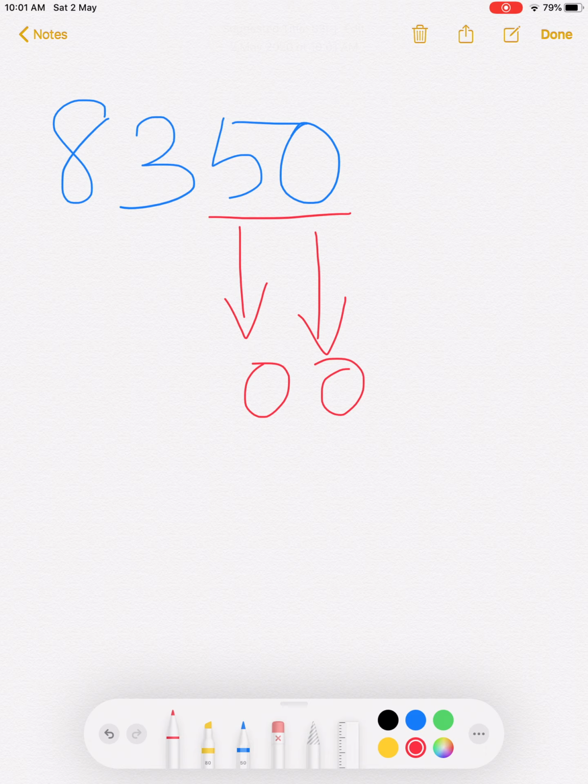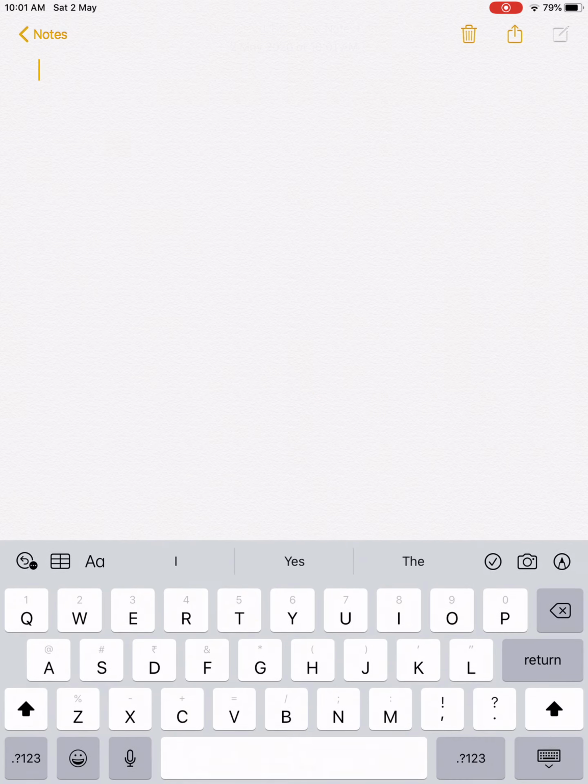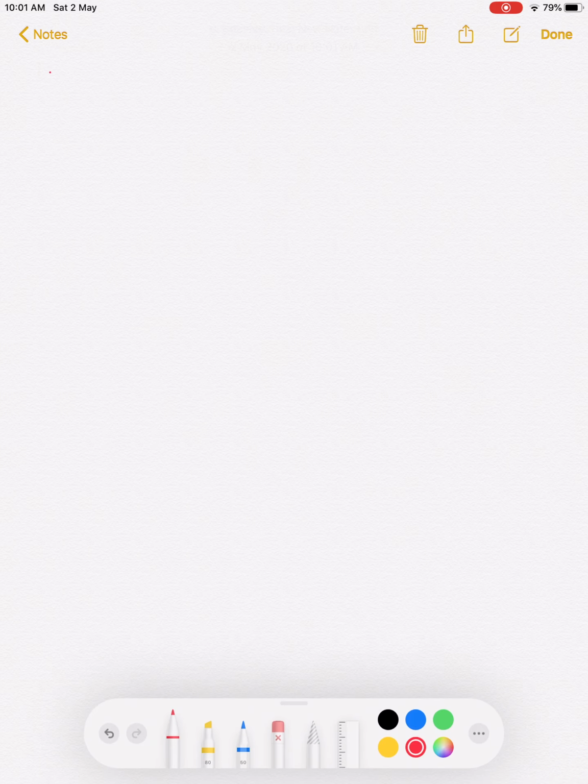Here the number is 50, so for 50 or more we add 1. Less than 50, no change. So here 50, so we add 1 to the 100th place. So 3 plus 1 is 4, and 8. Is it clear?